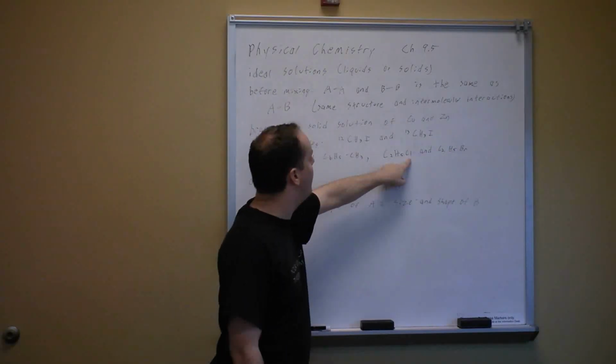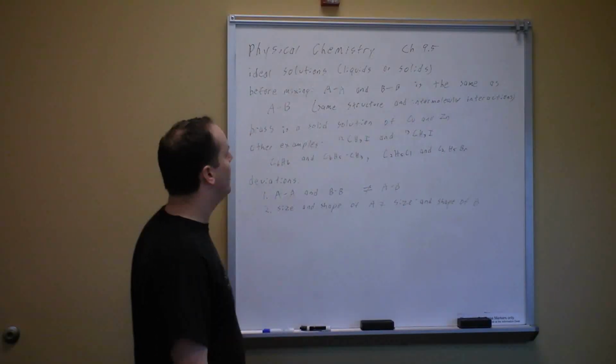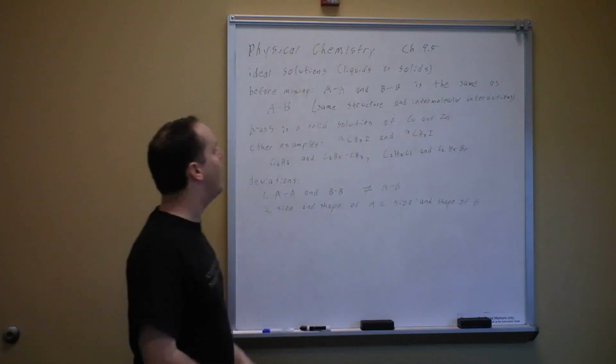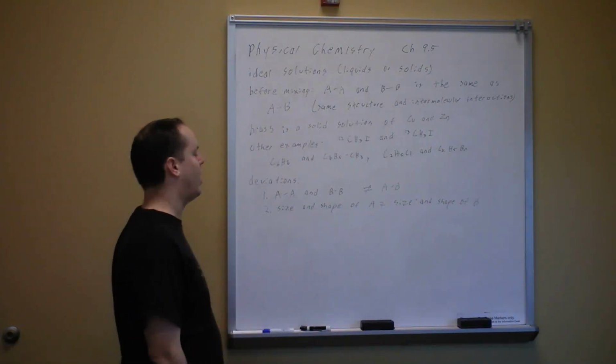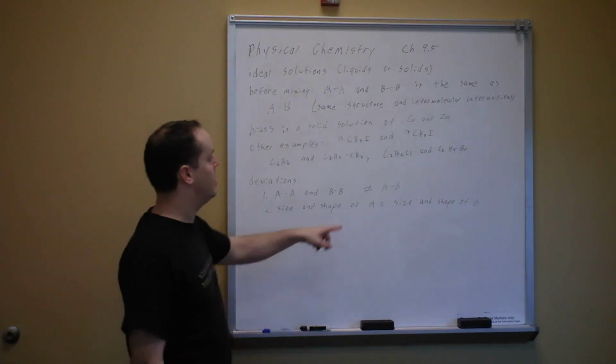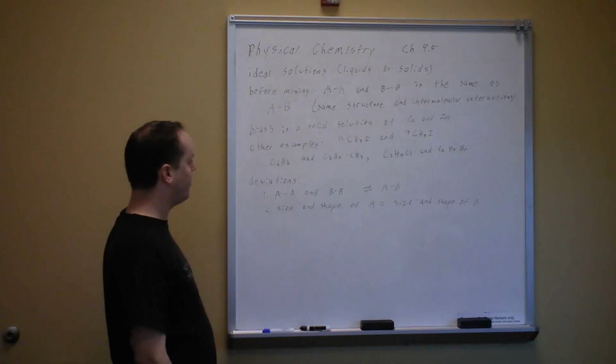And then, of course, let's say we have chloroethane and bromoethane. Chlorine and bromine, they're in the same column of the periodic table. One's a little bigger than the other, but it's still roughly the same shape. So the mixture of these two would be an example of an ideal solution.